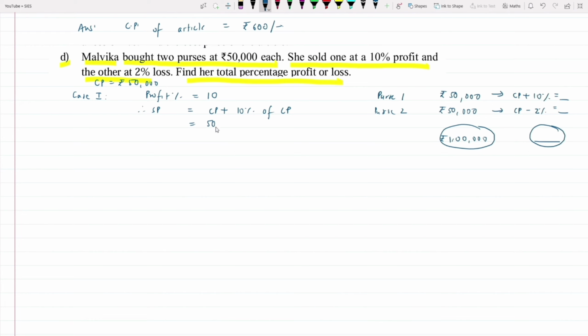So that's 50,000 plus 10%, and this is going to give us 55,000. So that is the selling price of the first purse. And case 2, where we are having a loss percentage of 2, and here the selling price is going to be CP minus 2% of CP, and that comes as 50,000 minus 2%, which gives us 49,000 rupees.